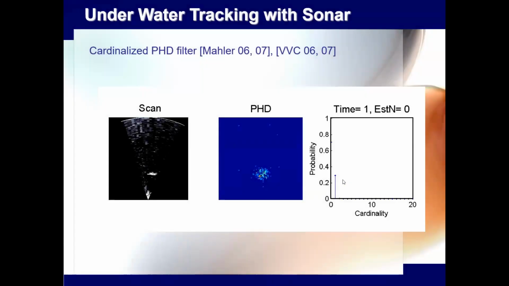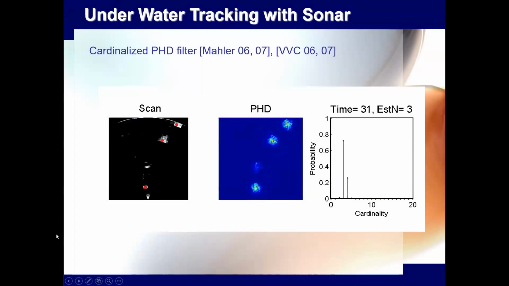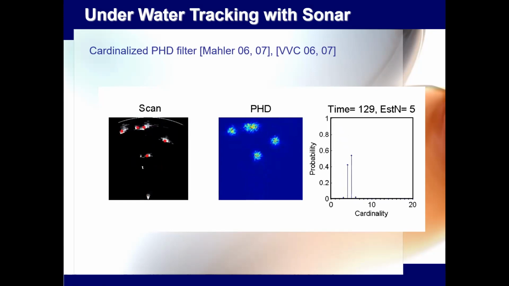All right. From this slide, I'm going to show you a short demo of how this type of conceptual approach works on simulated data. On the left-hand side is the sonar scan, or radar scan, using angle and radial distance.